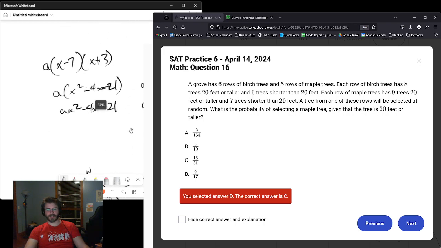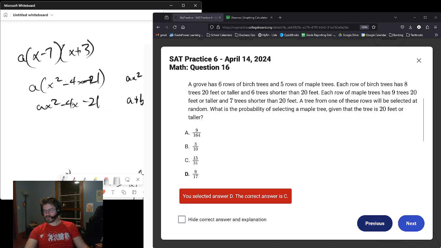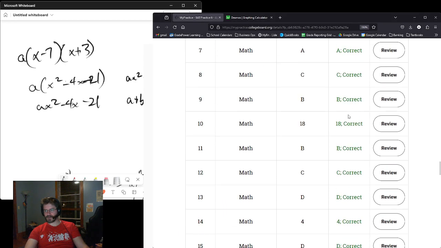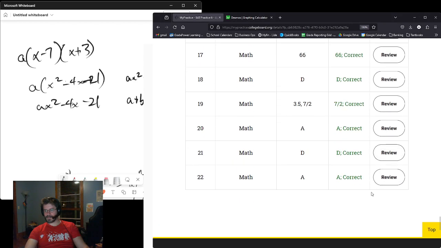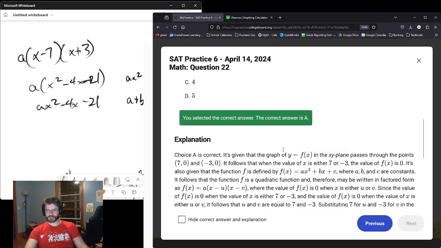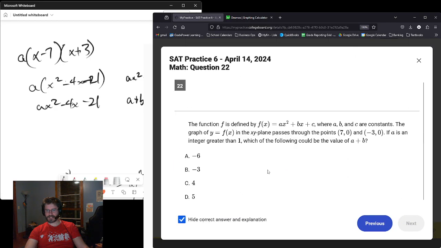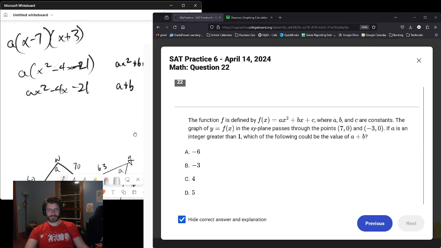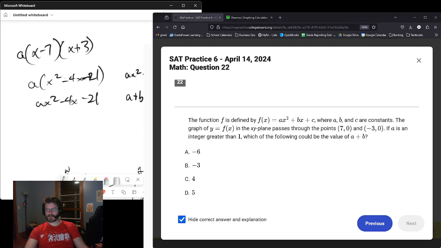All right, then finally we're going to get back to this one. I was pretty confident that I had the path forward on this one. I did guess correctly, but it was a guess. So let's go ahead and do it. I was down the path where they gave us these coordinate points, 7, 0, and negative 3, 0. When y is 0 in a quadratic, we should recognize that that's telling us the binomial factor.